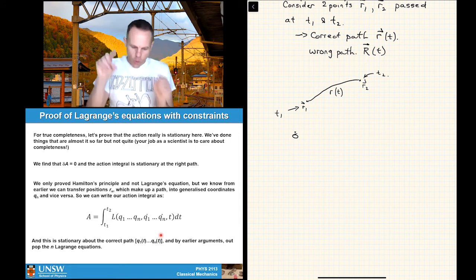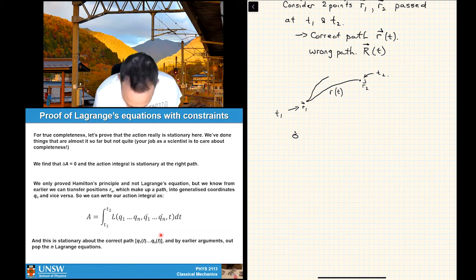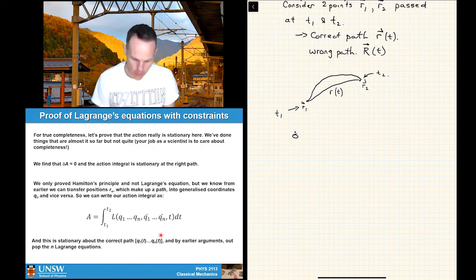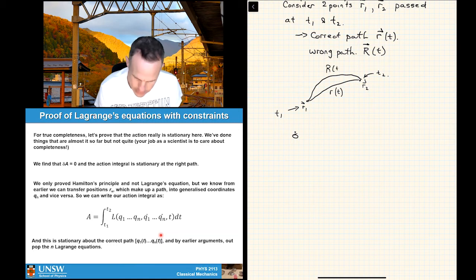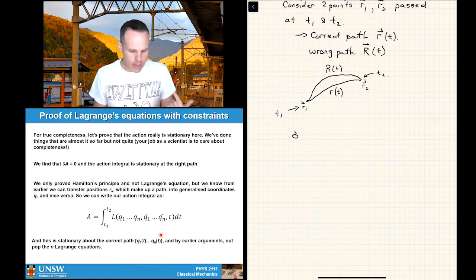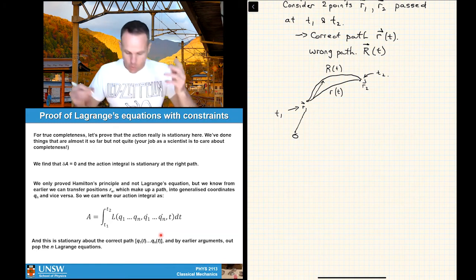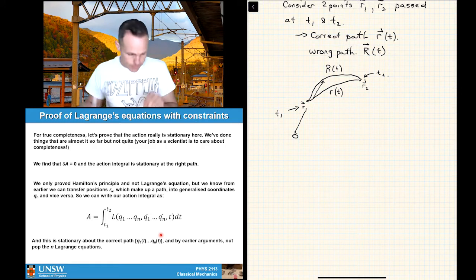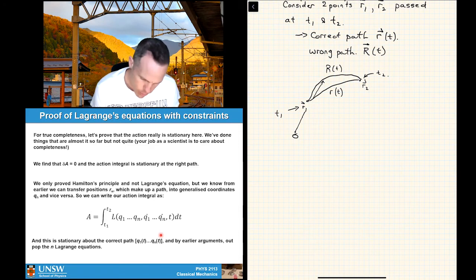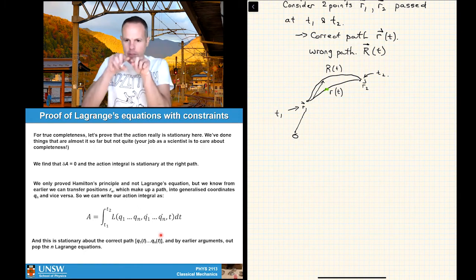You can take your wrong path, which is some other path nearby, be big R of T, and you can consider it to be a vector as well. There's going to be some vector that starts from the origin here and works its way up to every single point on that path, and it can just be our original path vector, which would point along, let me change colors just so I can draw over the top. You can imagine our little path vector R at some particular point.